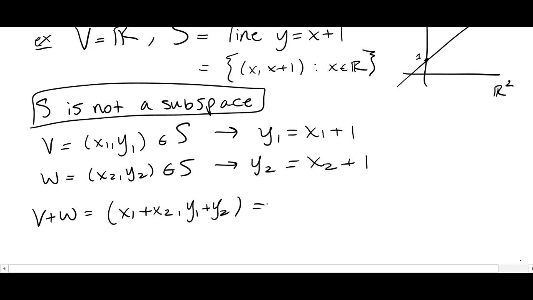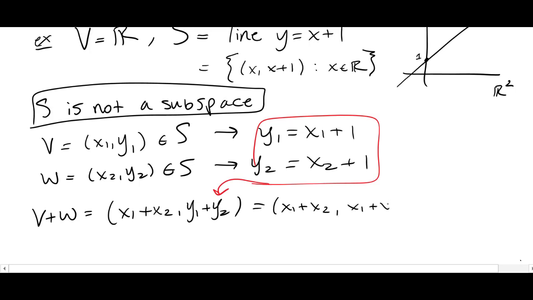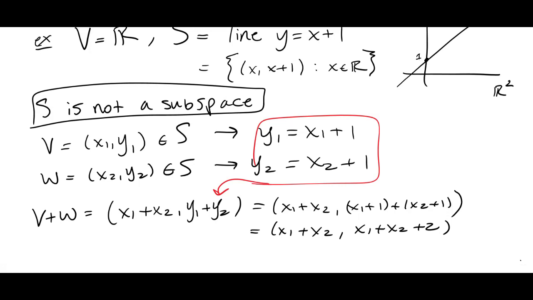But if you use this condition right here, then you get x1 plus x2, comma, x1 plus 1 plus x2 plus 1. But that's x1 plus x2 plus 2, not x1 plus x2 plus 1. So it has the wrong form. This is not an element in S, because it's plus 2 instead of plus 1.